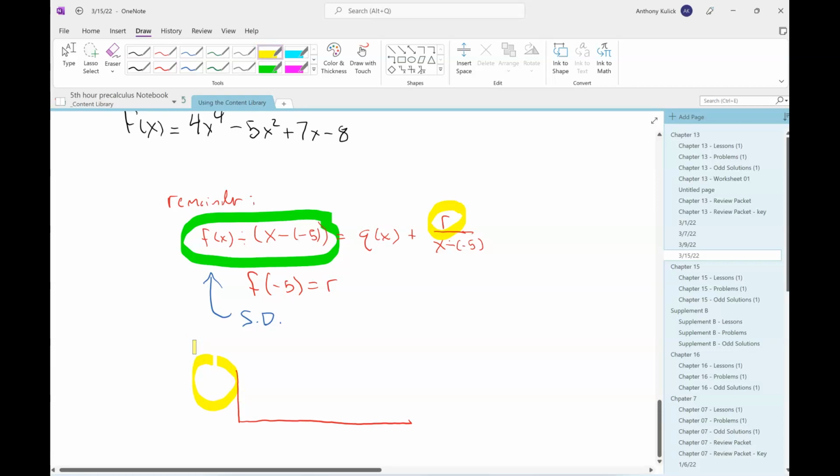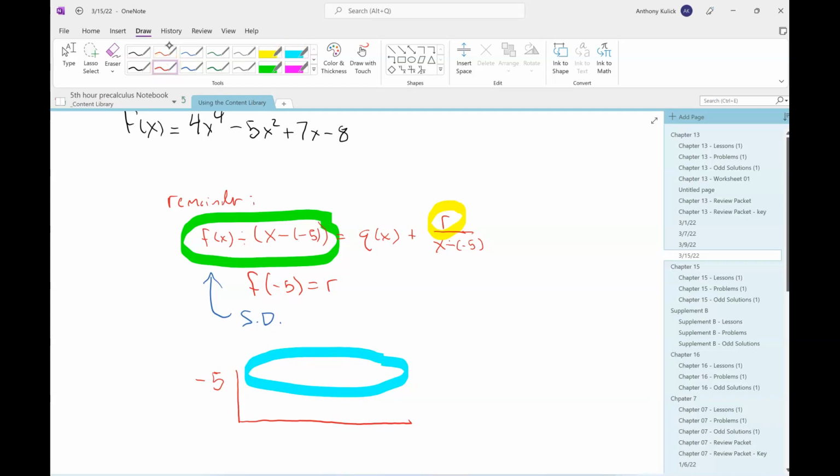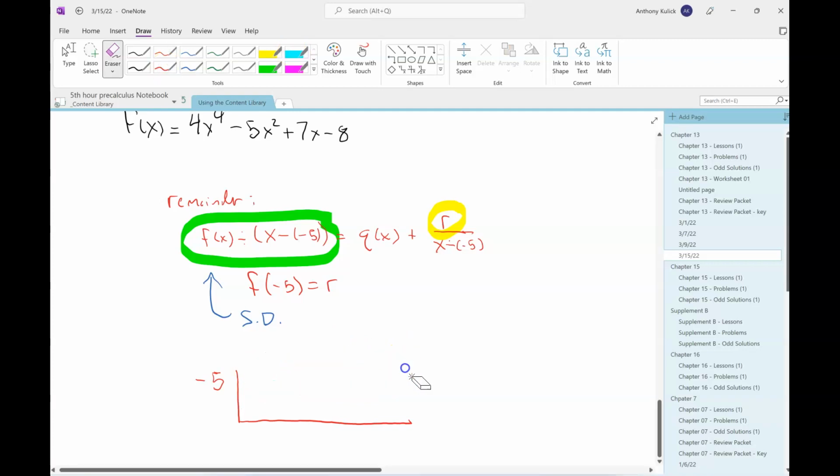What number has to go there in this case? It's -5, right? Whatever number we're trying to evaluate is. And what are the numbers that need to go on the inside of the synthetic division bar to finish my setup? Who can tell me those numbers? Just shout them out.